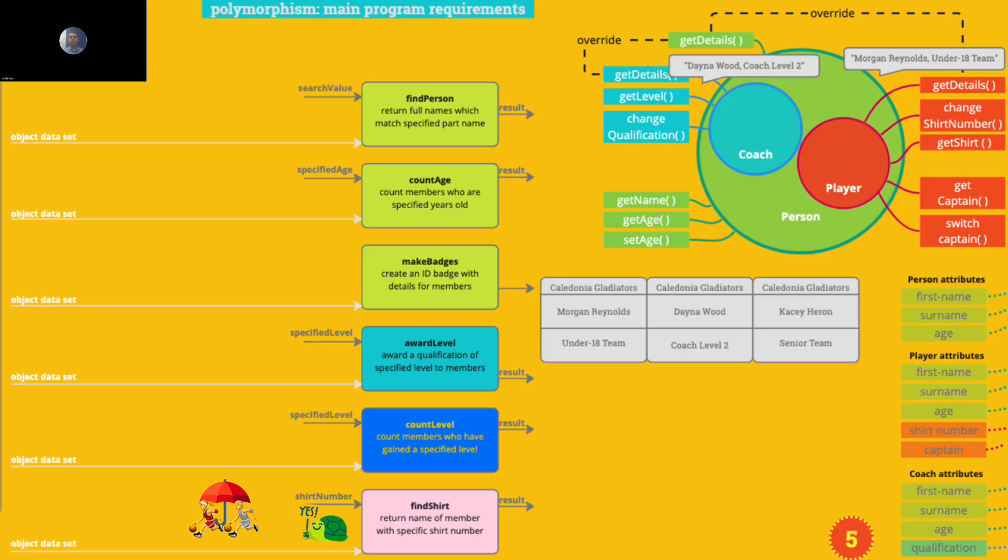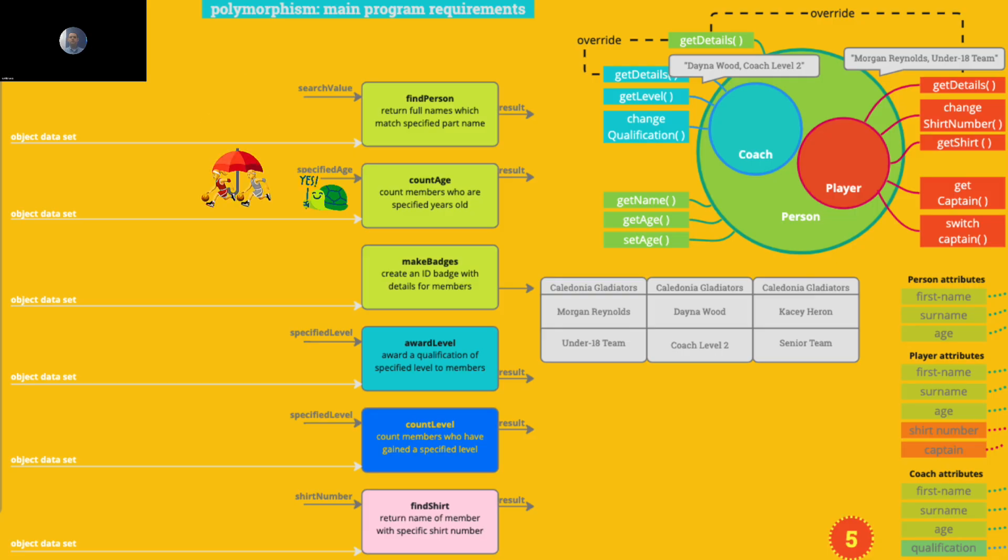Yeah, I mean, if we look at the player, anything that a person can do that the coach could do, we'll see the same behavior. So find person, for example, if we pop them up to find person, where's my mouse gone now? There you are. We bring them up to find person or count age. We have the same effect as coach.